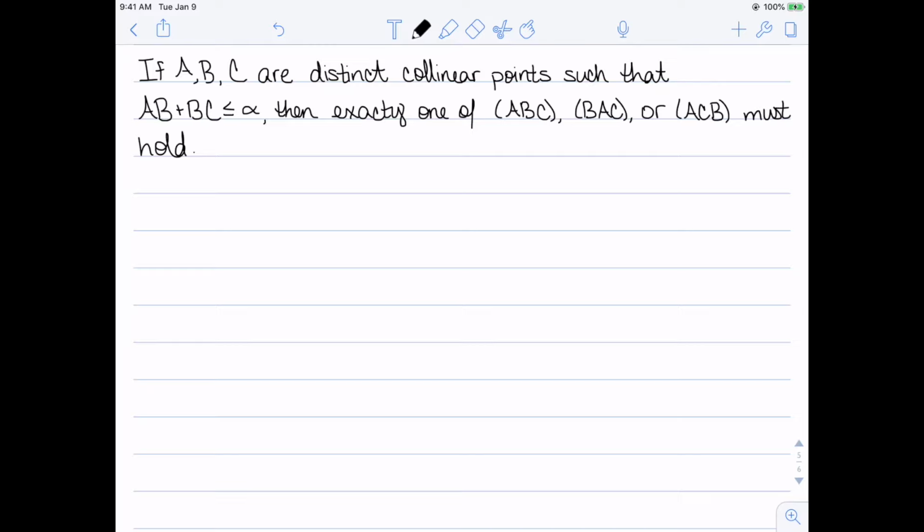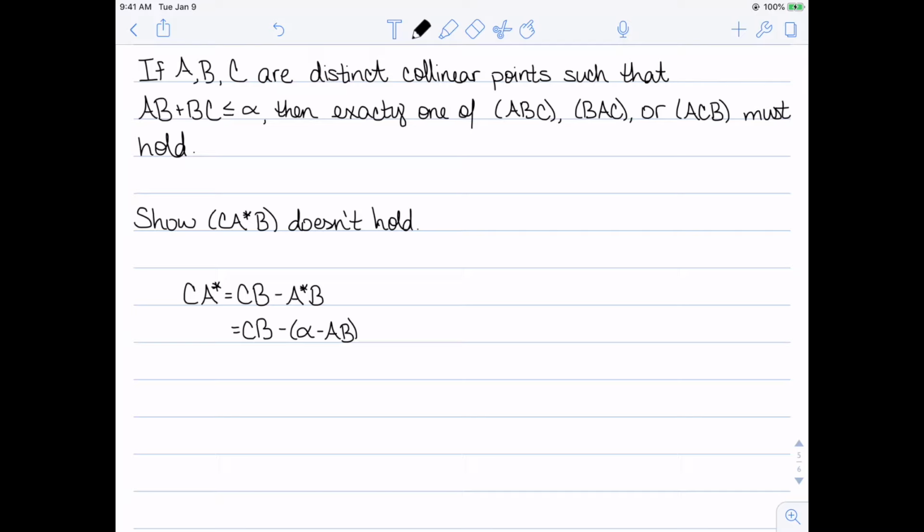Because of my previous theorem, all I really need to show is that the C A star B case can't hold in this particular case. So let's suppose it does. My betweenness relation would give me that C A star is equal to CB minus A star B. That would tell us that we have CB minus alpha minus AB, since A and A star are polar opposites.